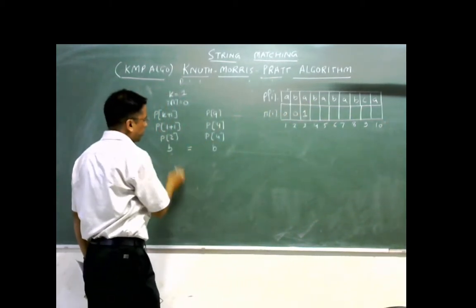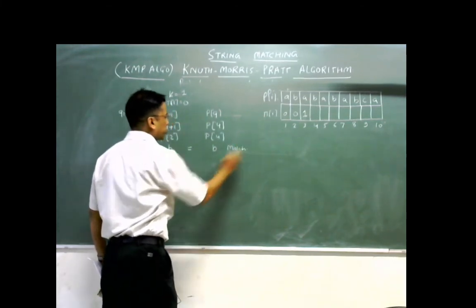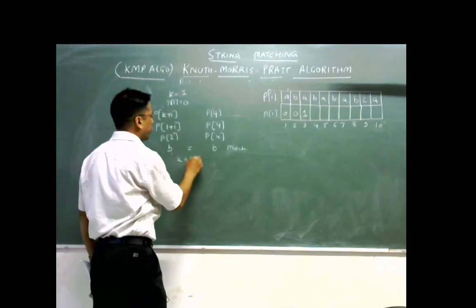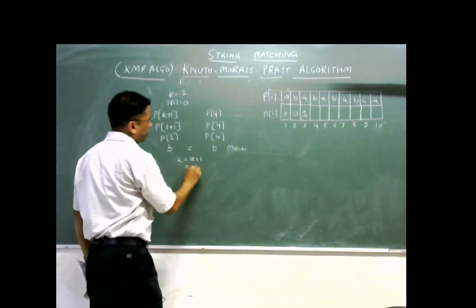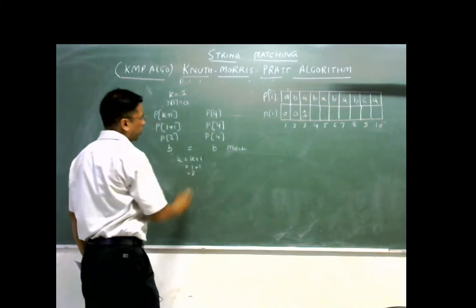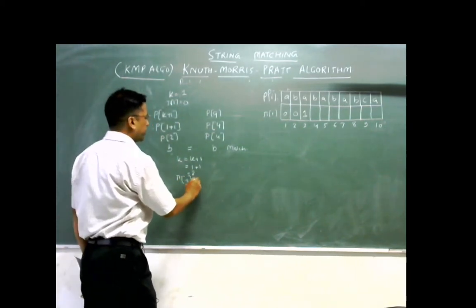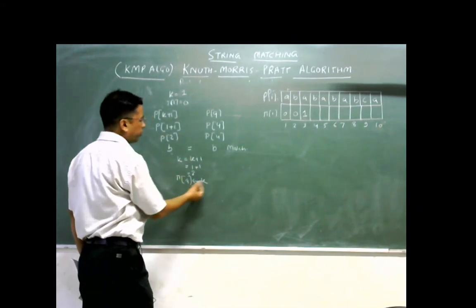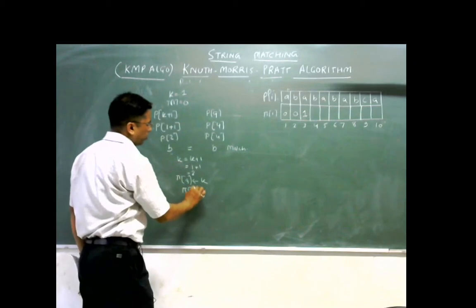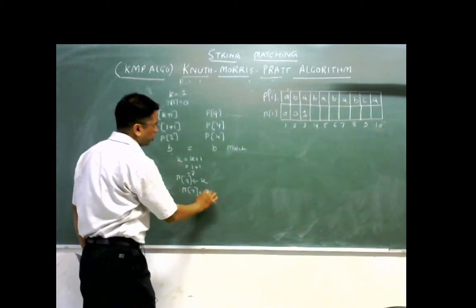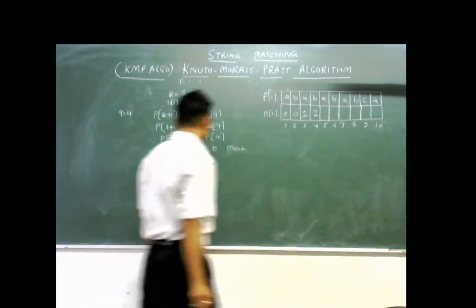In the case of a match, k is equal to k plus 1, means k is 1. Now 1 plus 1 becomes 2, and we assign the value of k to the pi q position, means pi 4 would be equal to 2. So we shall assign the value 2 to position number pi 4.